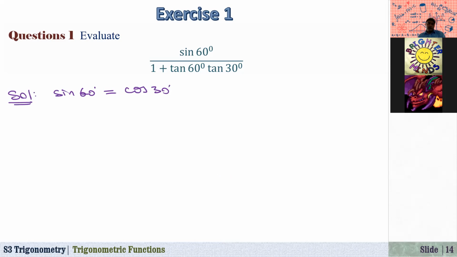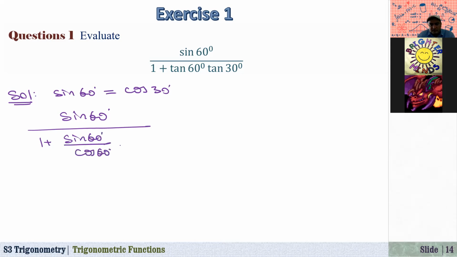This is how you usually simplify trigonometric expressions, or prove identities or solve equations. So sine of 60 over 1 plus tangent of 60. What is tangent of 60? That is sine of 60 over cosine of 60 times tangent of 30.